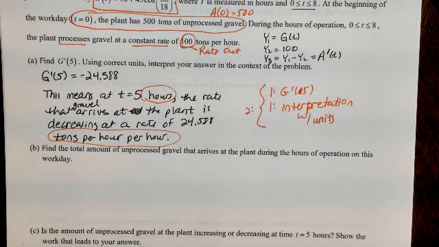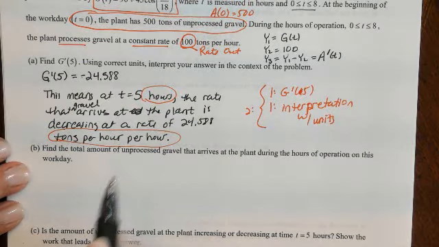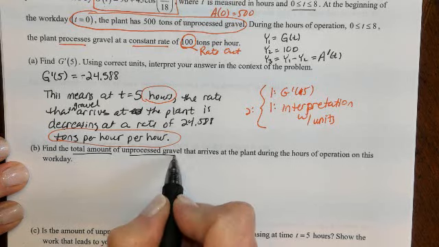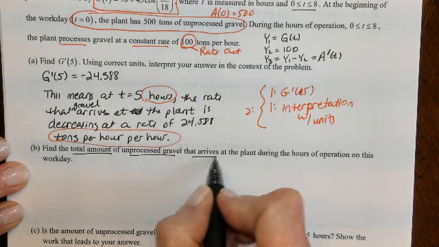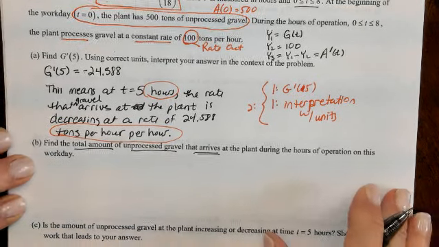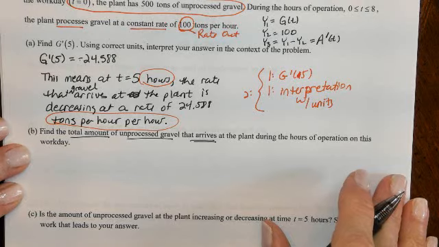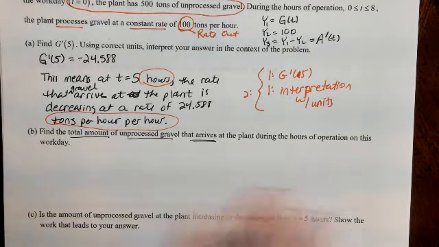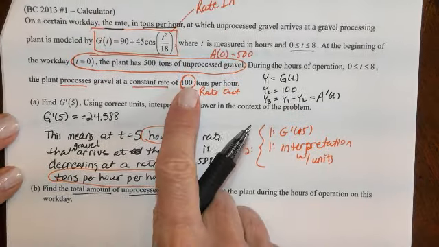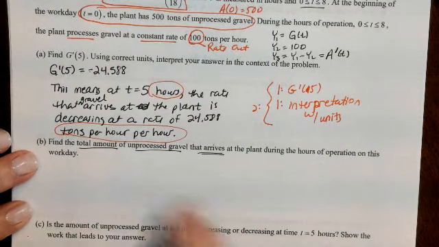All right, part B. Find the total amount of unprocessed gravel that arrives at the plant during those hours of operation 0 to 8. So just arrives. Nothing about leaving, just arriving.